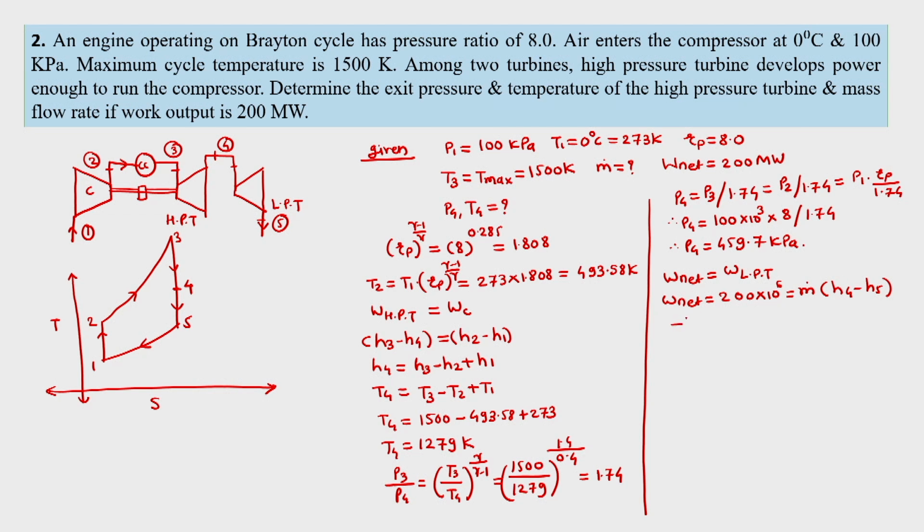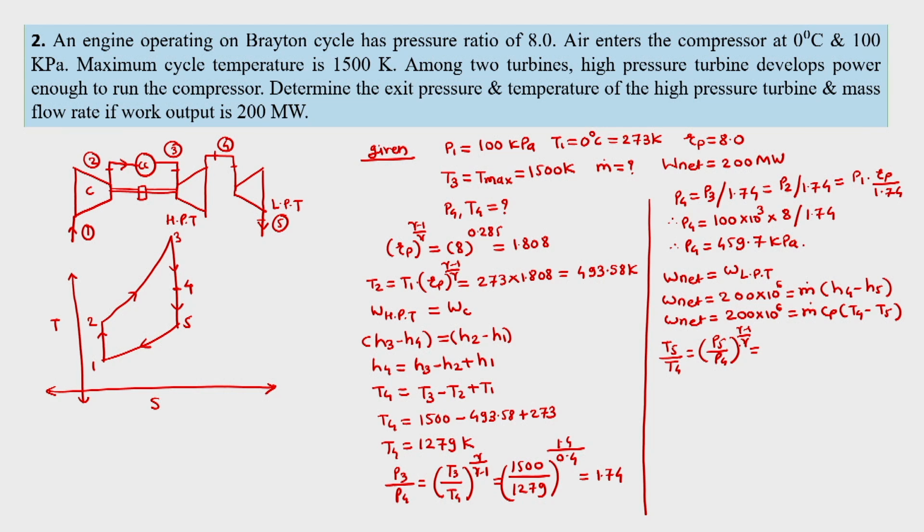So for that, further we can write W net, 200 into 10 to the power 6, is equal to m dot Cp (T4 minus T5), and let us evaluate T5, where T5 by T4 is equal to (P5 by P4) bracket raised to (gamma minus 1) upon gamma.